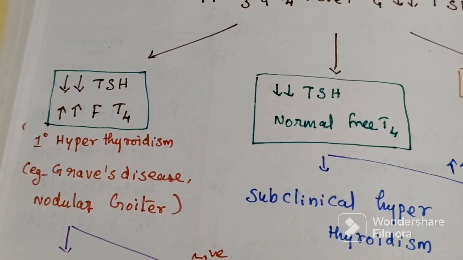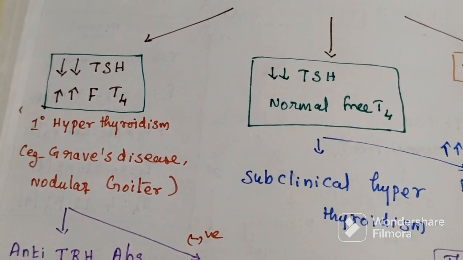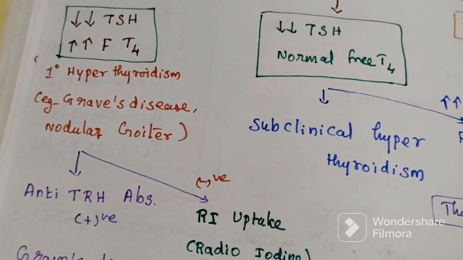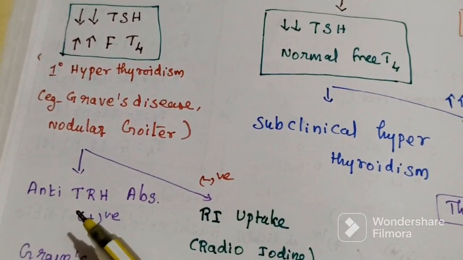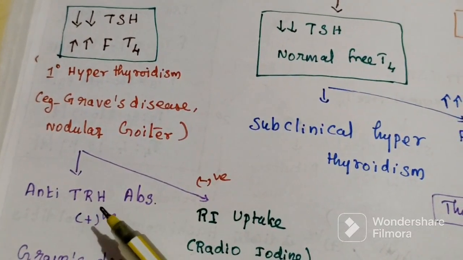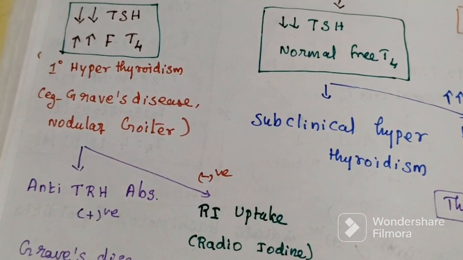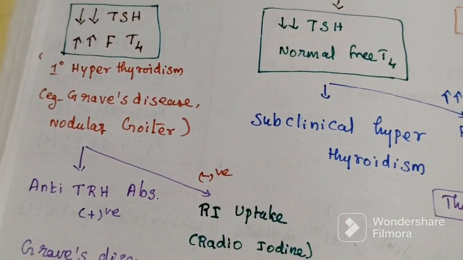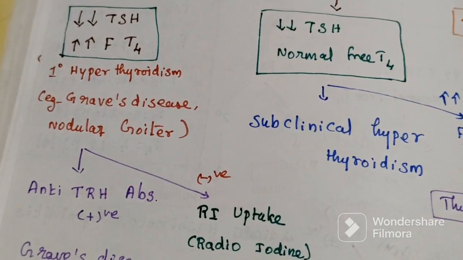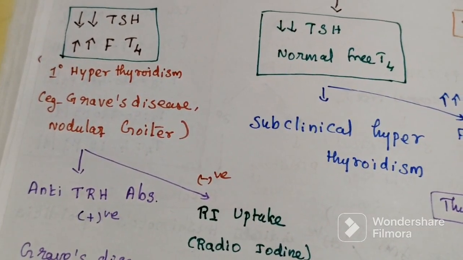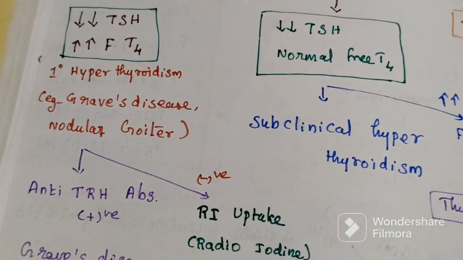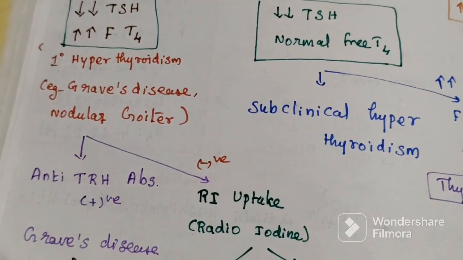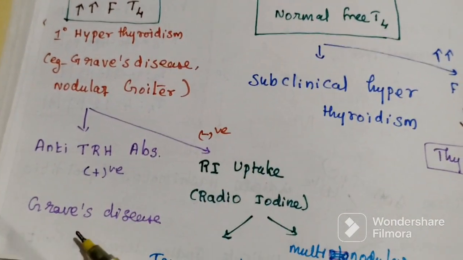So primary hyperthyroidism is important in Graves' disease. Now go for the anti-TSH receptor antibodies test. If positive, it indicates Graves' disease.